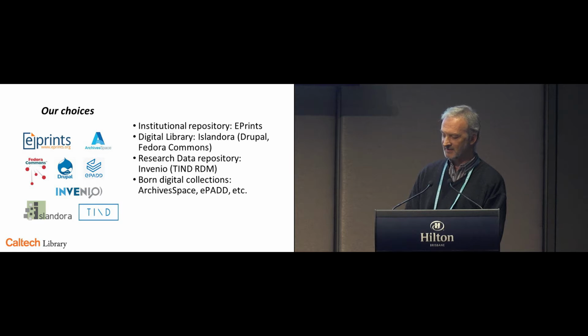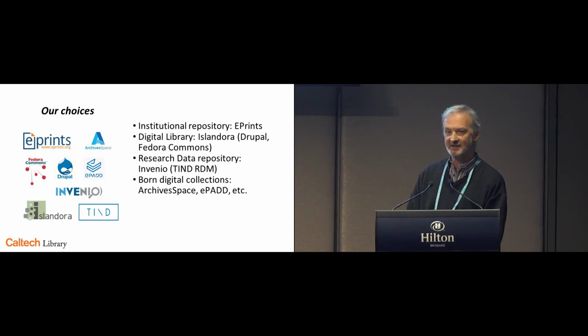Our digital library is Islandora. We are digitizing complete collections, so we've got a couple of 100,000 images of manuscript pages, plus a lot of photographs in our Islandora repository. We have a new research data repository that Tom talked about yesterday, which is based on Invenio 3, and it was built for us by a CERN spin-off called TIND, who are based in Norway.